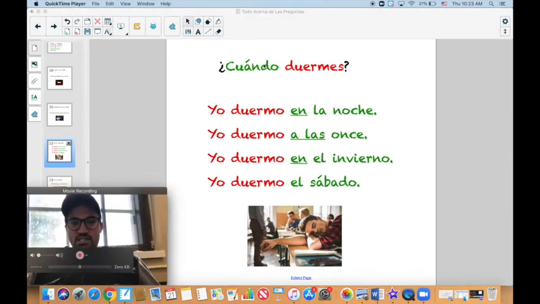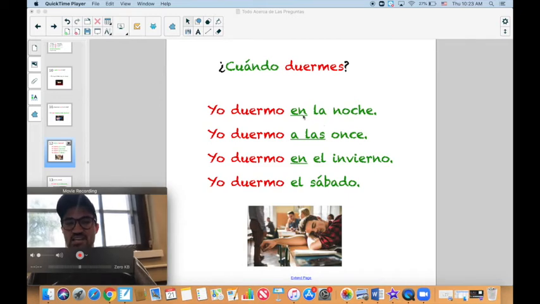¿Cuándo duermes? The question word, ¿cuándo? When do you sleep? So recognize ¿cuándo? is asking for when. So we're going to give some examples of different references to time, and some of them have different prepositions indicating time. First step, yo form, put an O on it. The verb dormir, yo form, yo duermo, I sleep. En la noche, remember en can mean in, on, or at, so in this case, at night.